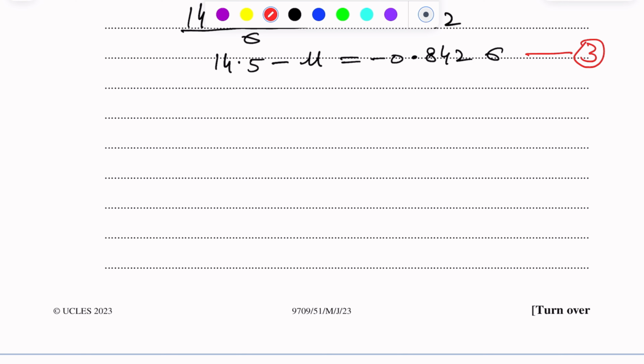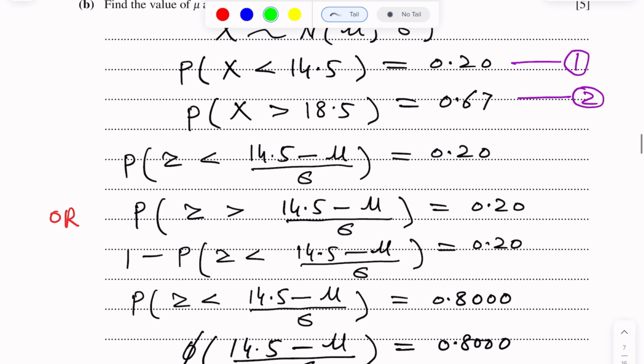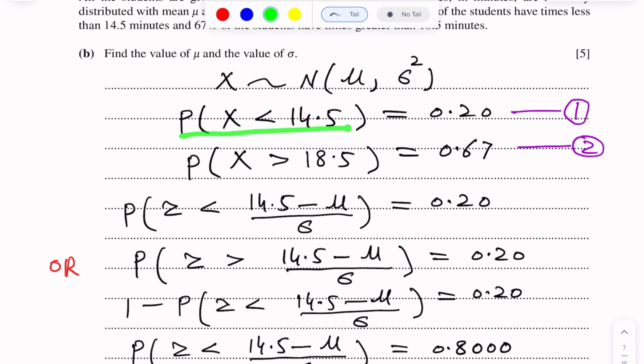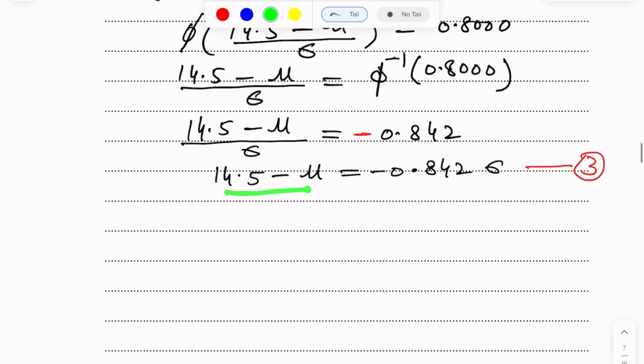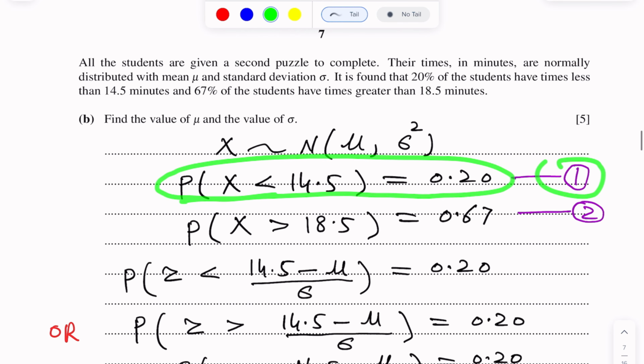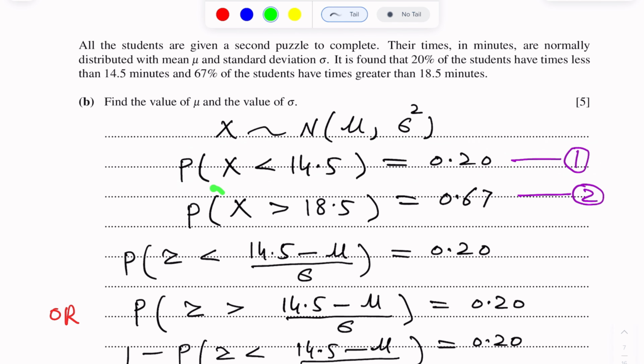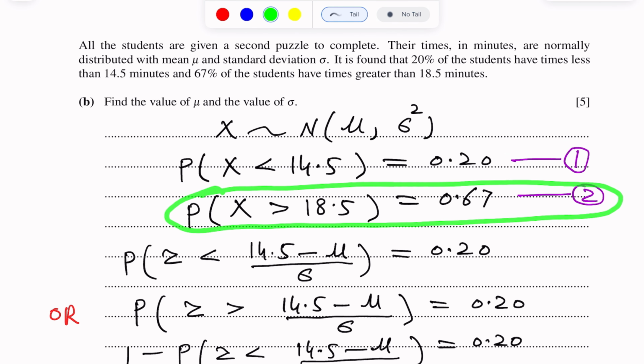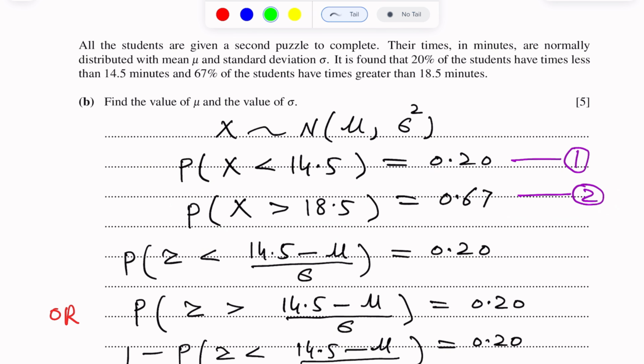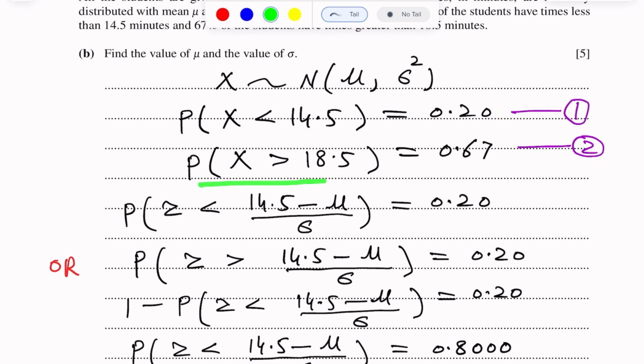Now from equation number 2, we have adjusted equation number 1 and the result is equation number 3. Now we will use the same process here.